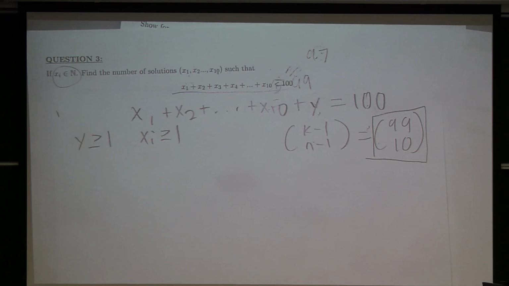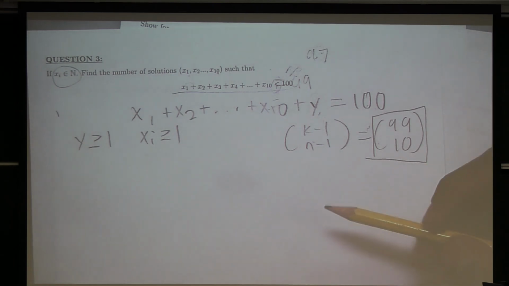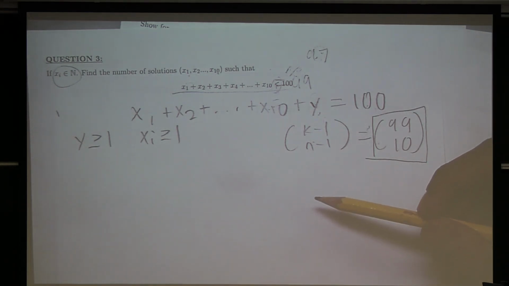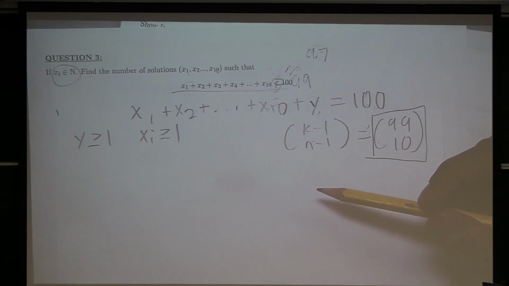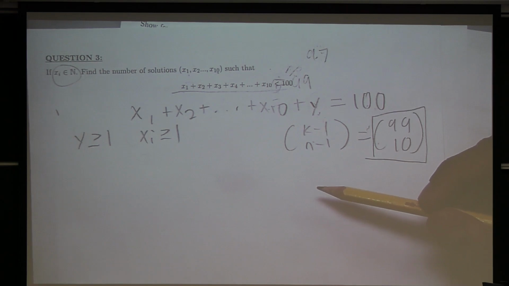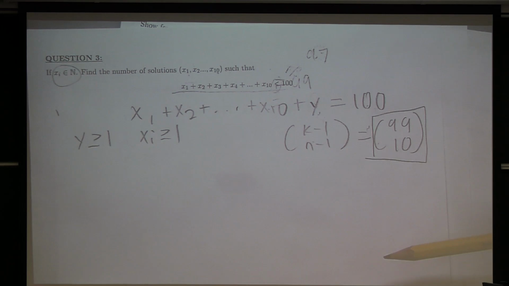The intervals between two bars represent xi; the first interval represents x1, the second represents x1 plus x2, the third represents x1 plus x2 plus x3. So that represents 10 numbers.